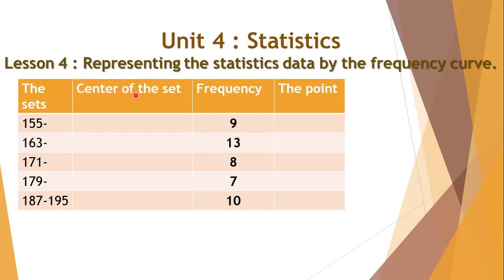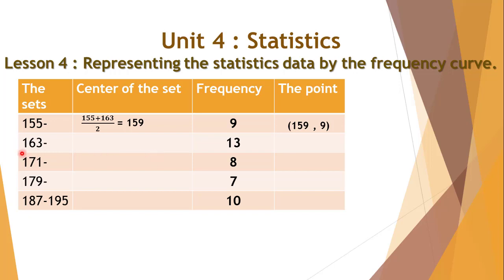The center of the set means 155 plus 163 over 2. The result will be 159. So the first point will be the center of the set with the frequency. So 159 and 9. This is the first point on the curve we will draw.